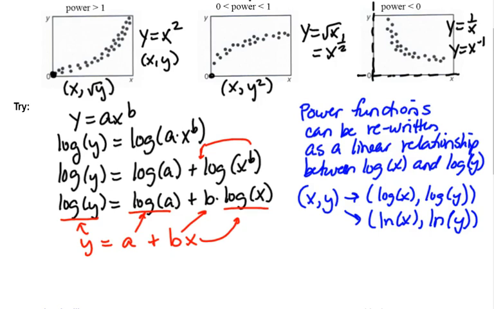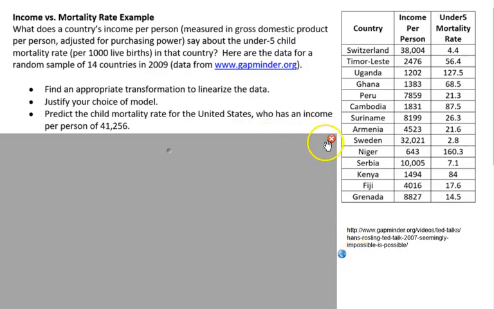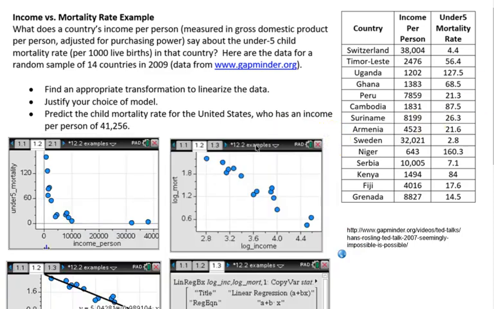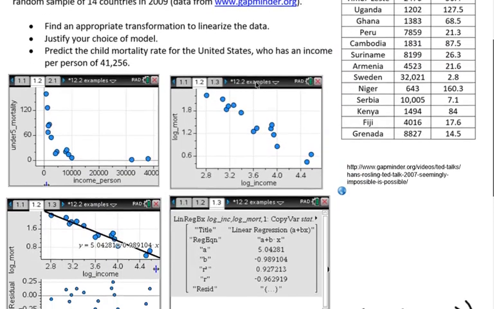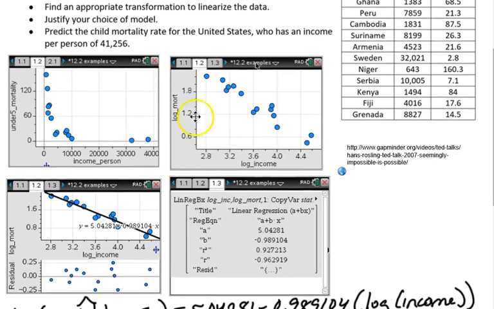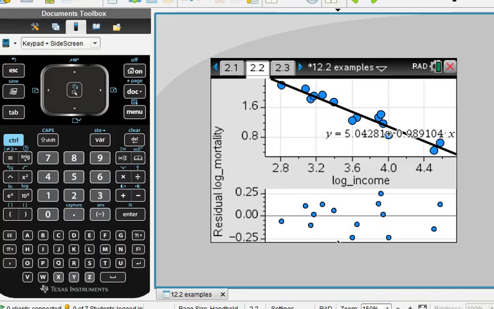So I'm going to go back to my page here that had my original problem on it. I'm going to close this here because now I have some things that I already have up here to show you. So here's the original data. Here's the re-expressed data using log of income and log of mortality. Here's what I just did. Now I also did a linear regression, just to remind you of that.